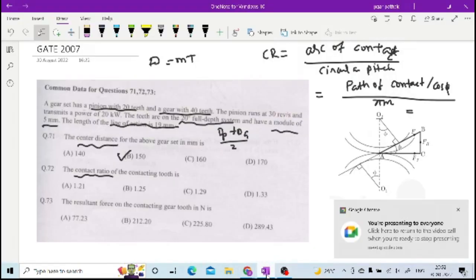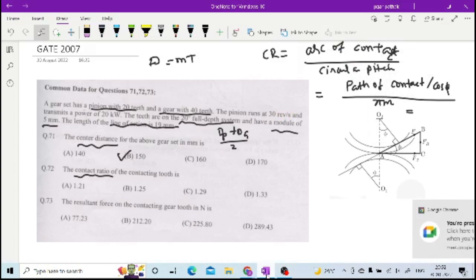Please calculate. 1.29, sir. 1.29 is the correct answer.